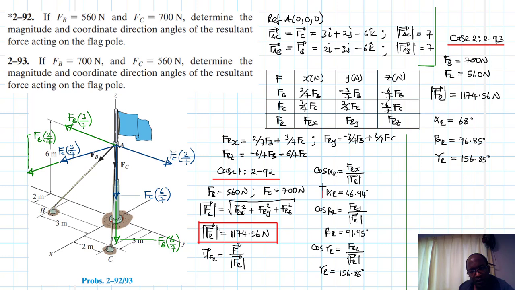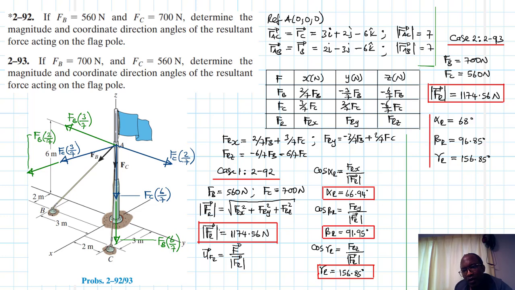And then in the other case, the magnitude is the same, of course, and then we have the values of alpha, like so. Right, I think this is about it.